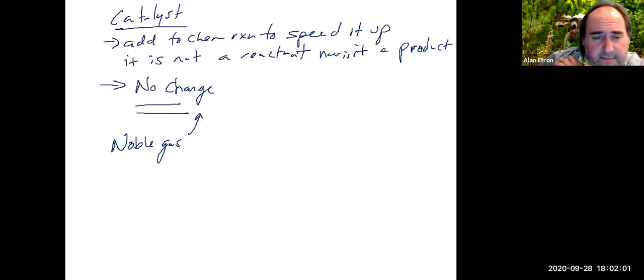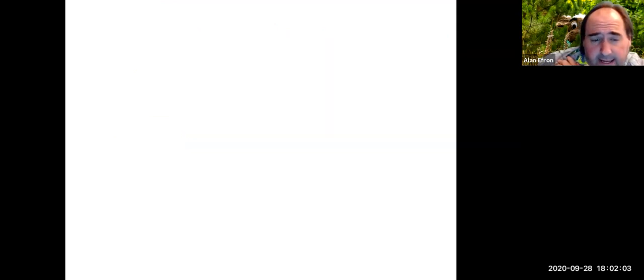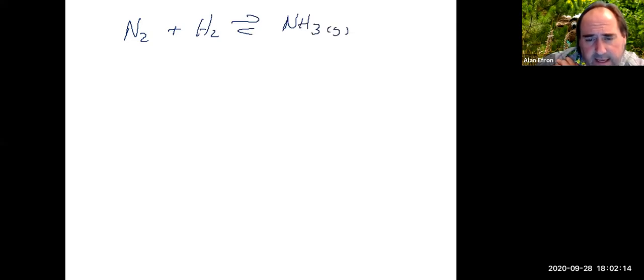So let's take a look at some examples here. Let's say we had N2 plus H2 makes some NH3. Oops, gas. Let's go with N2 as a gas, H2 as a gas, and NH3 as a gas, with a 2 in front of the NH3. And let's say that this is exothermic. All right, so you tell me what happens.